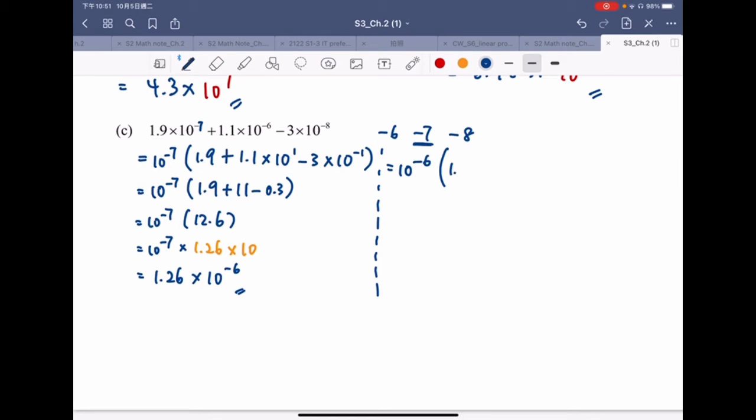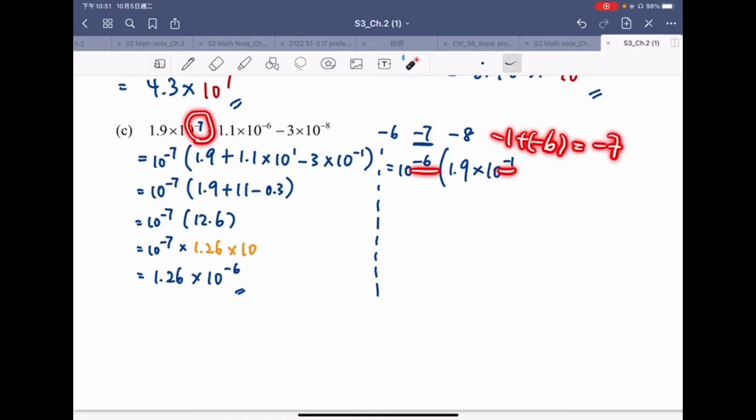Think about the new index here. The original -7 will go to... so therefore it is -1, right? -1 plus -6 is -7, which is the original one.